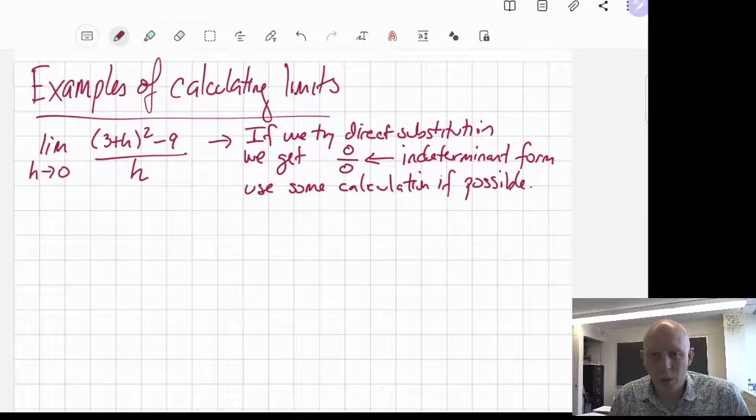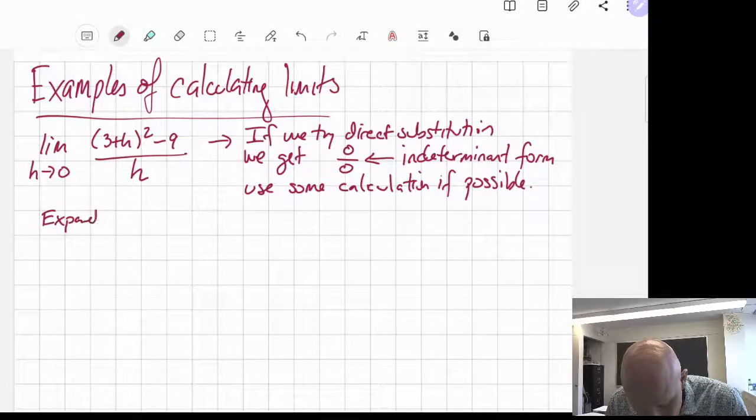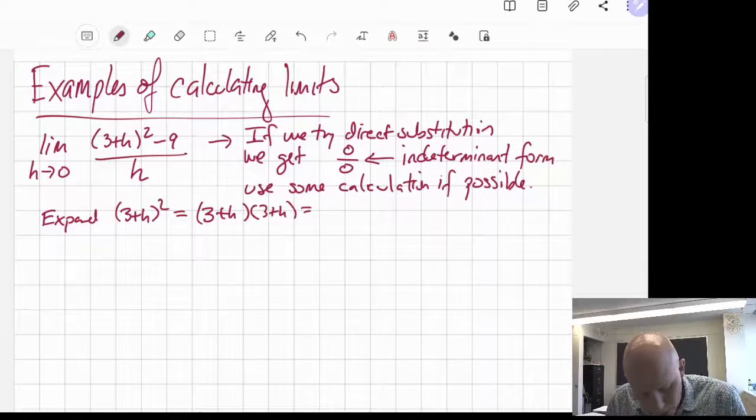Okay, so what we see here, maybe we should do some expansion. Let's expand (3 plus h) squared. So this is 3 plus h times 3 plus h, which is 9 plus 6h plus h squared.